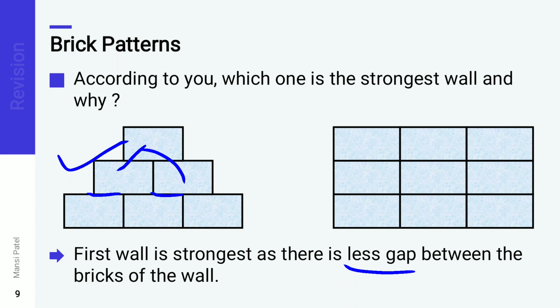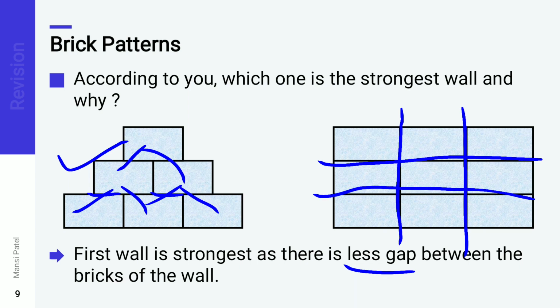Then the weight of these two is divided into three parts, whereas in this one all the weight of the wall is on only the same part. So we can say that this one is not the strongest wall.